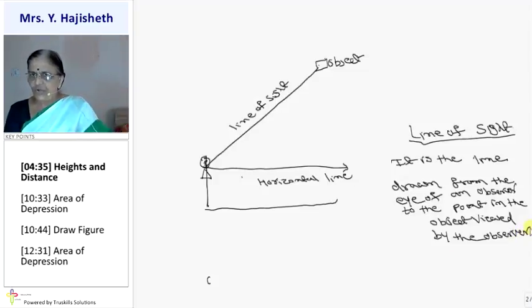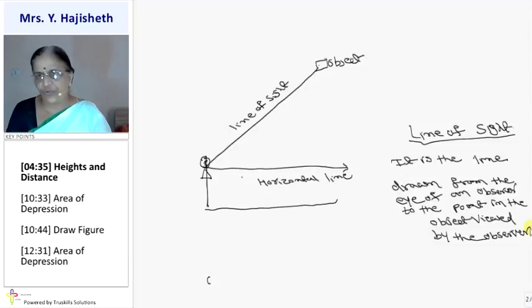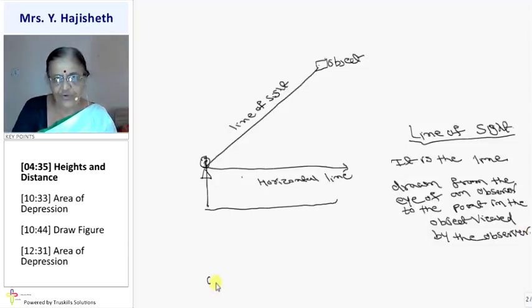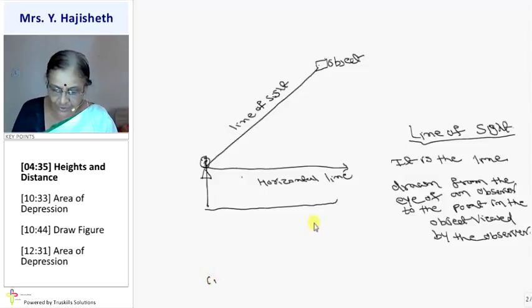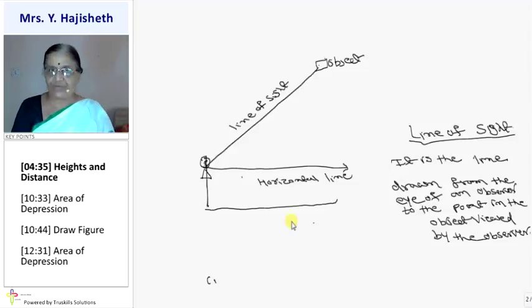It is the line drawn from the eye of an observer. See, this is the eye of an observer. From where is the line drawn? From the eye of an observer to the point on the object viewed. This is the object viewed. So this is the line of sight. It is the line drawn from the eye of an observer to the point in the object viewed by the observer.